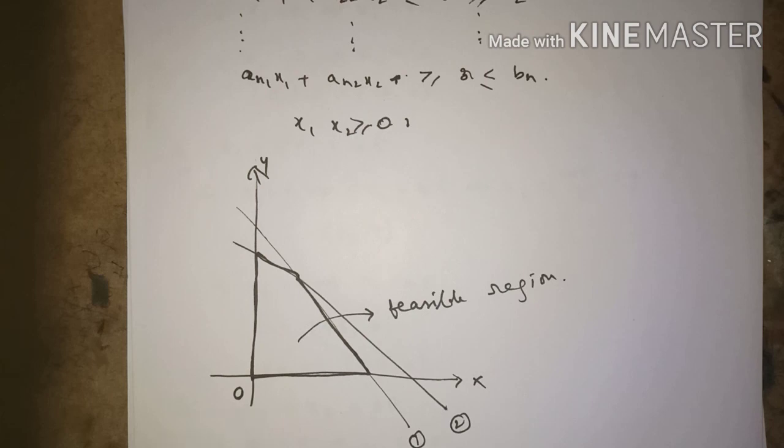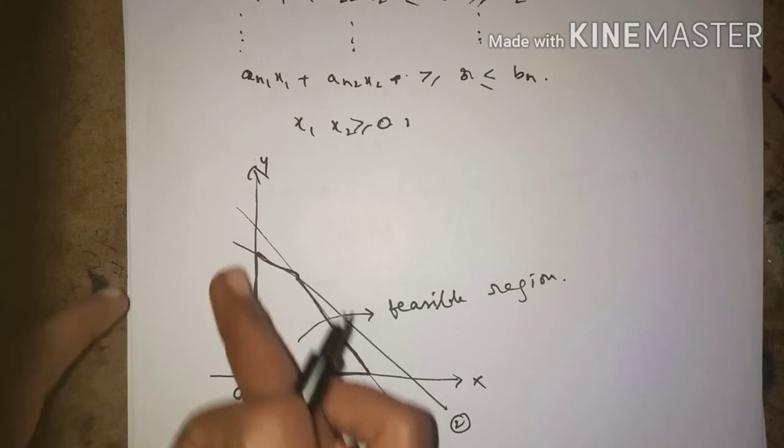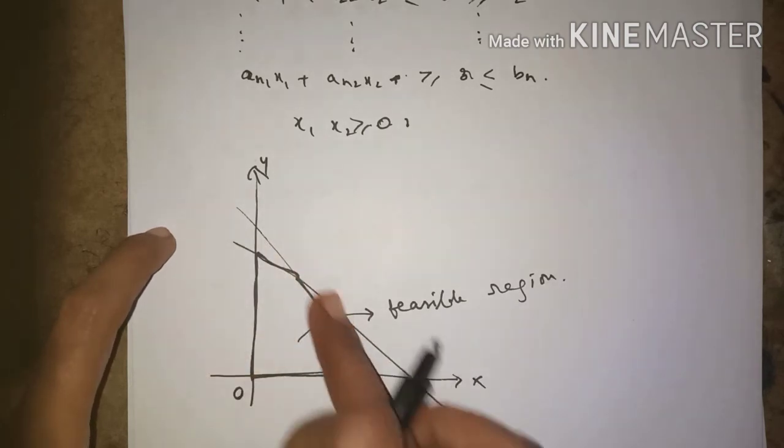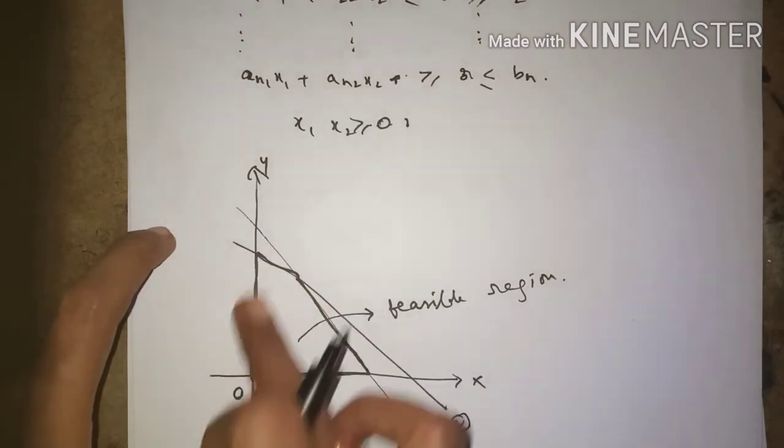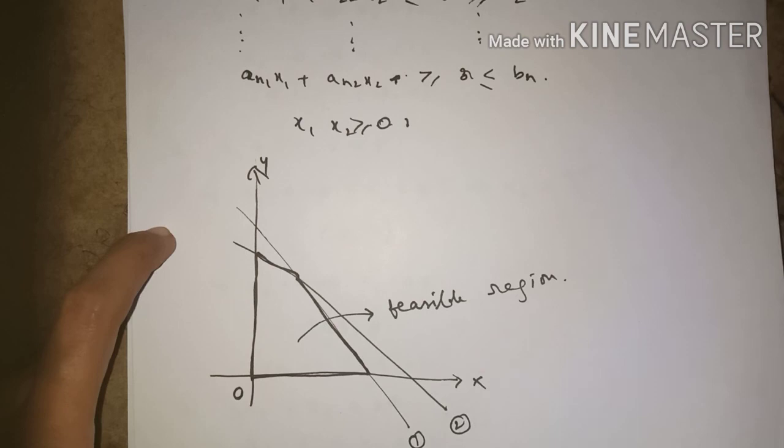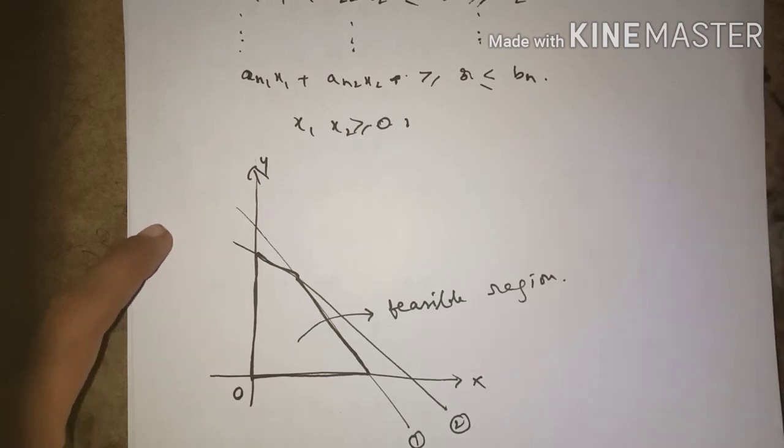If the feasible region is unbounded, if the feasible region is not a closed polygon, then the problem has an unbounded solution.